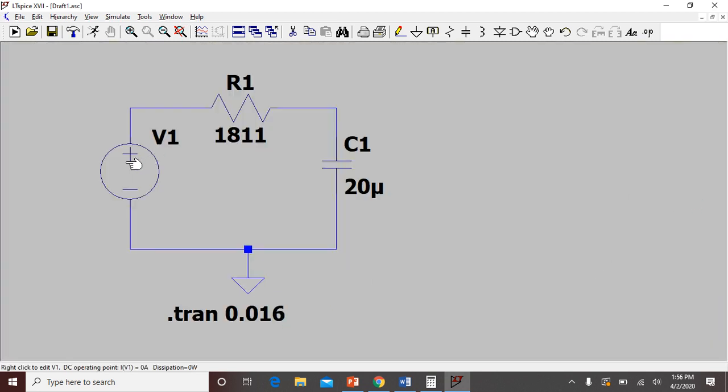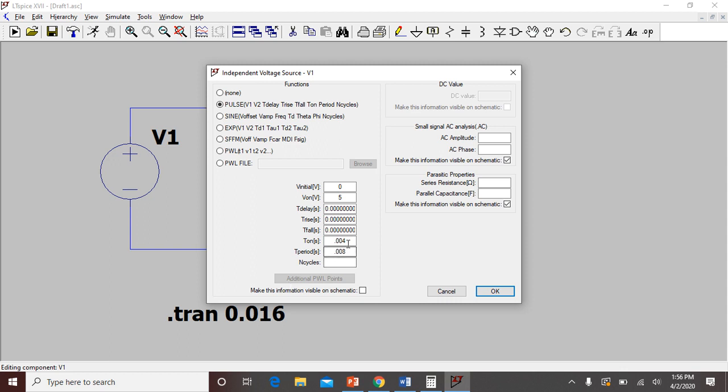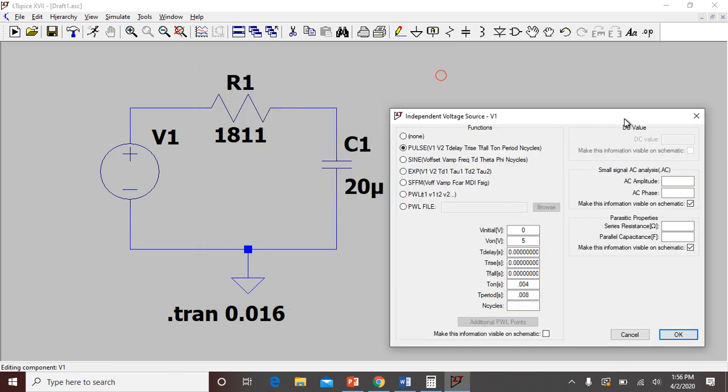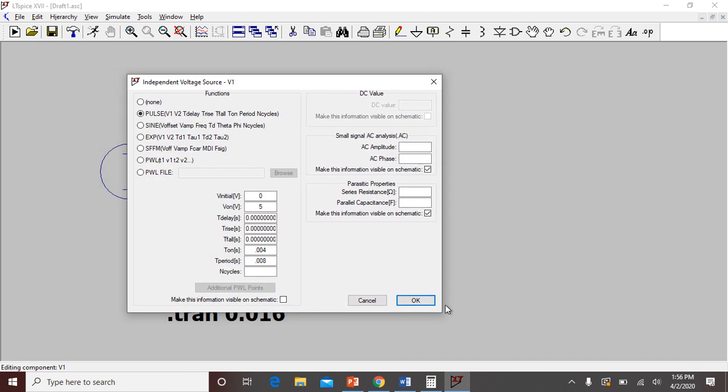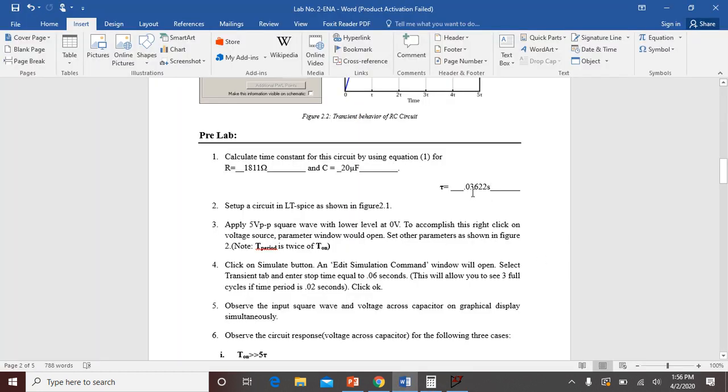Okay, so now the value of this supply voltage will be changed according to the values of this resistor and capacitor. From the value of tau, which is about 0.03622, we came to know that the capacitor will take 5 multiplied by this amount of time to get fully charged.